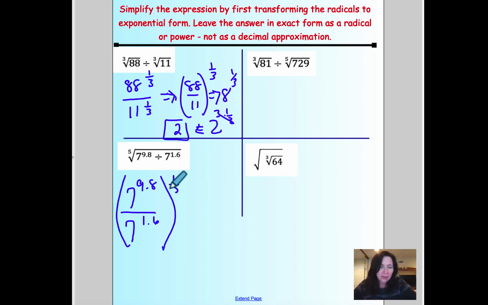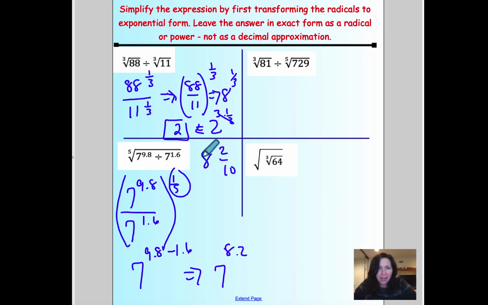I noticed that the bases are the same, so I'm going to keep the base and subtract my exponents before I deal with the outer power. So 9.8 minus 1.6 is 8.2, so this would be 7 to the 8.2 power.